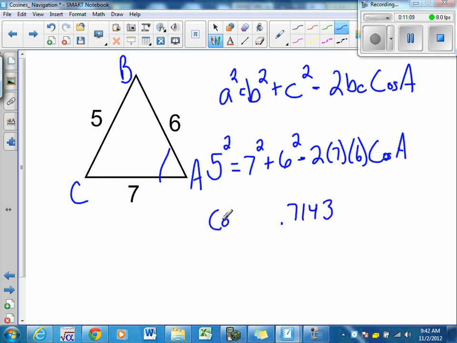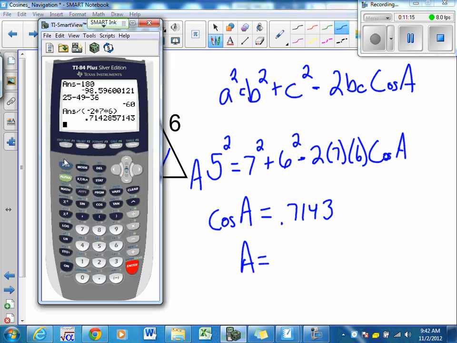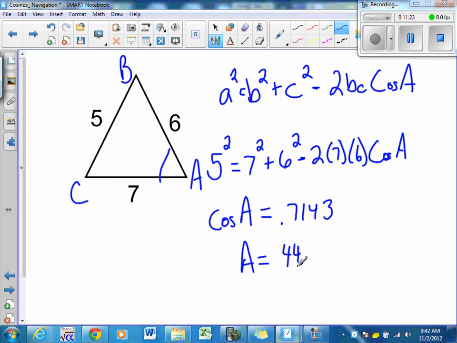So that's cosine of A equals that. Now I can do inverse cosine of 0.7143, and we get 44.414 degrees. Now, once I've found angle A, I now have an angle on the opposite side. I can now go back to law of sines to find my other two angles.